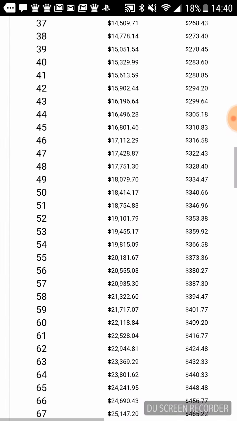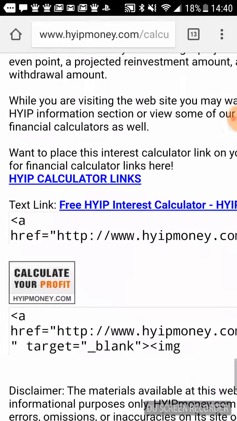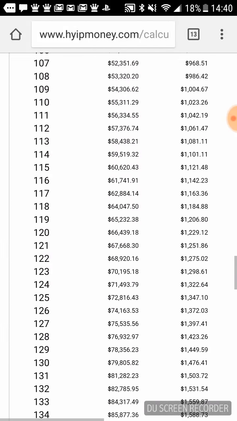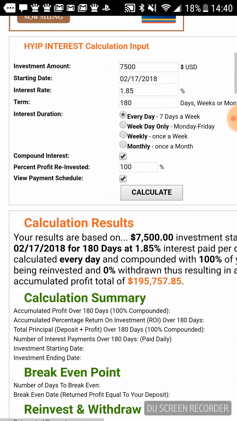That's just silly, man. That is ridiculous. So don't believe in that kind of stuff, but you can use these to a limited extent to play around with different percentages of reinvestment, which is obviously what I just spent the past half an hour doing.